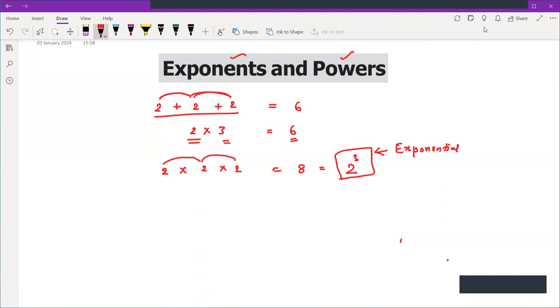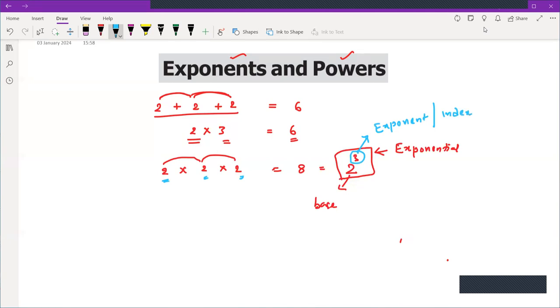In this exponential form, 2 is known as the base. The number which is multiplying is known as the base. And how many times we multiplied is known as the exponent or index.